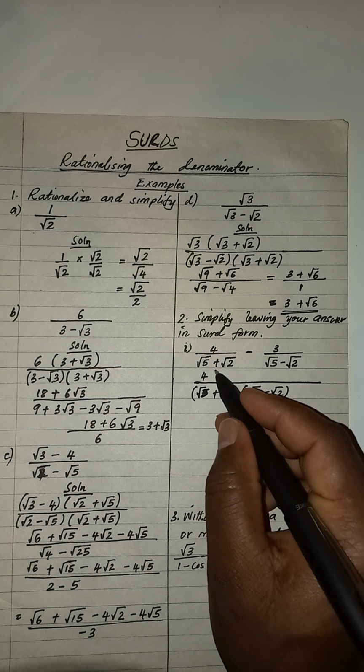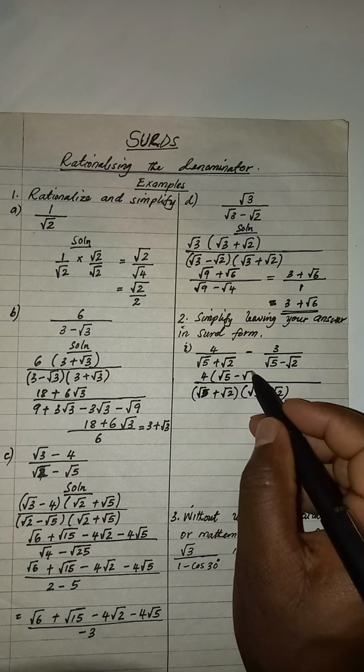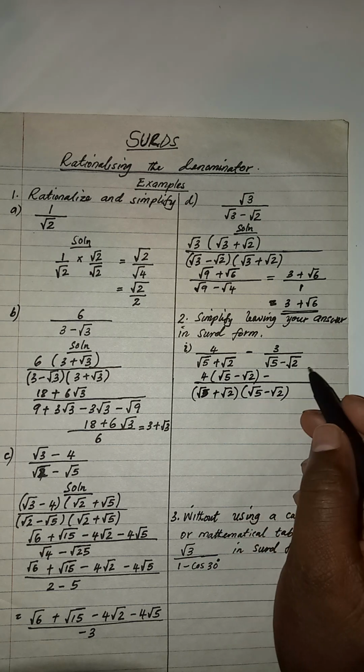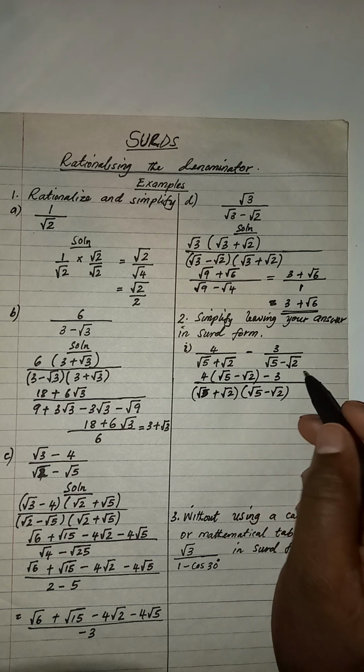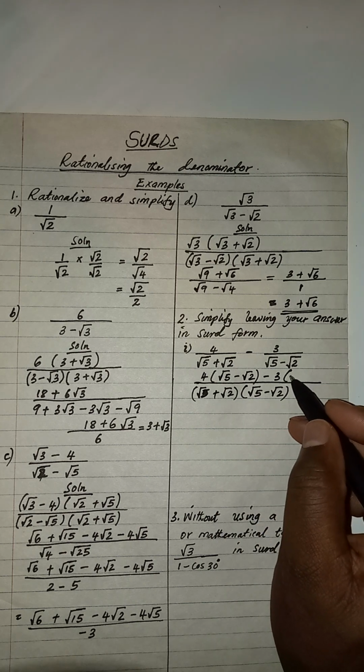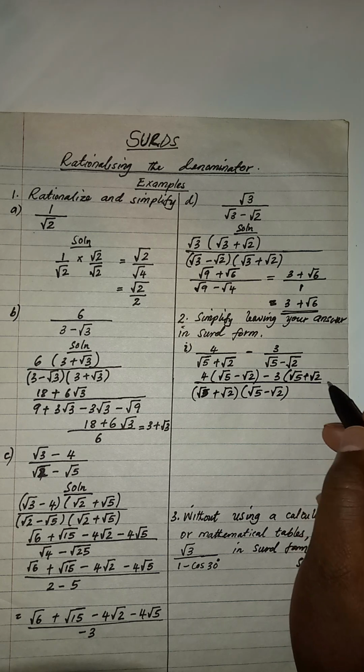Therefore, this will have 4 into root 5 minus root 2, minus 3 into root 5 plus root 2.